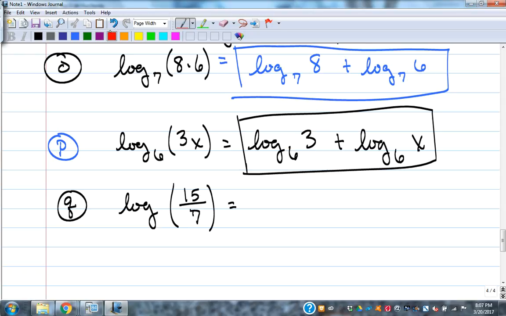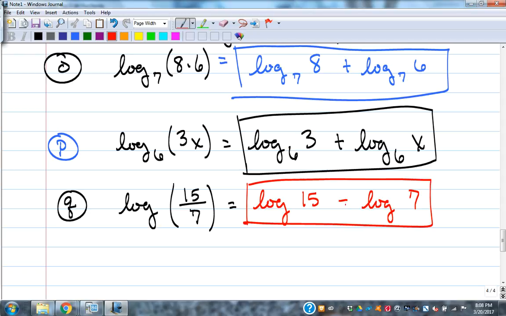All right, so expand this one. What's going on inside of the log? Division. Division becomes subtraction, because the rule is when you divide things with exponents, you subtract exponents, right? So log 15 minus log 7. What base are we dealing with here? 10. Good job. It doesn't really matter what base you're dealing with when expanding, but when we go to solve, it would matter.